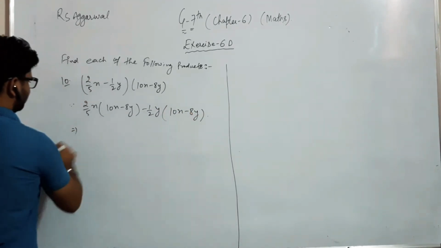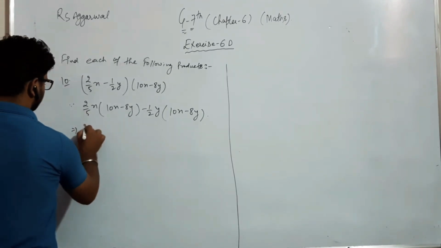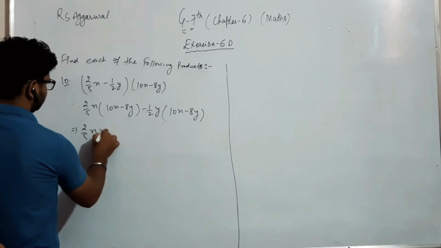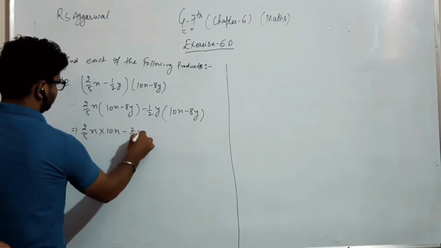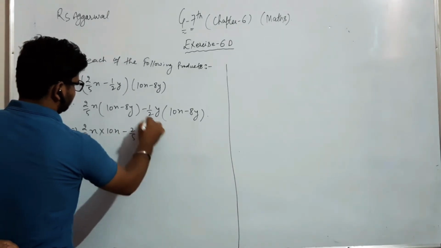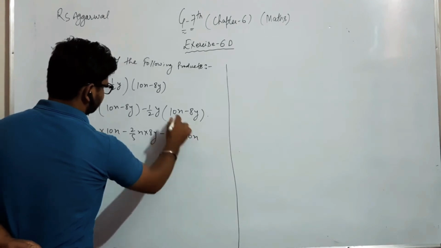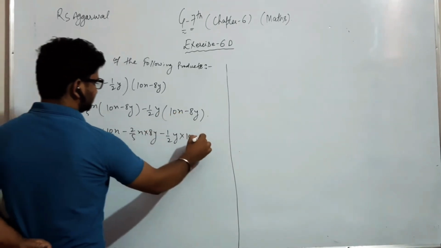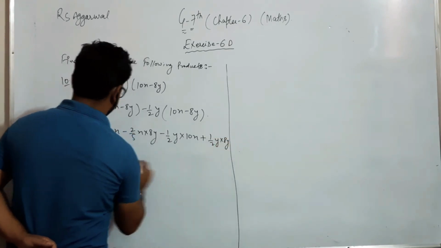Okay, so in the next step, first 2 by 5x is multiplied with 10x, then minus sign, 2 by 5x is multiplied with 8y, then second minus 1 by 2y multiplied with 10x, then minus minus plus sign, 1 by 2y multiplied with 8y.